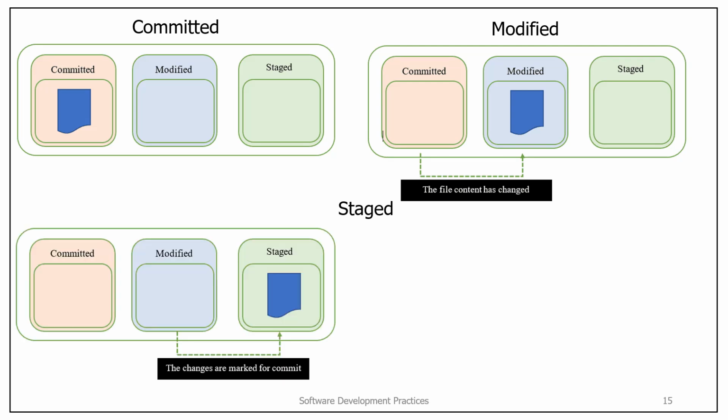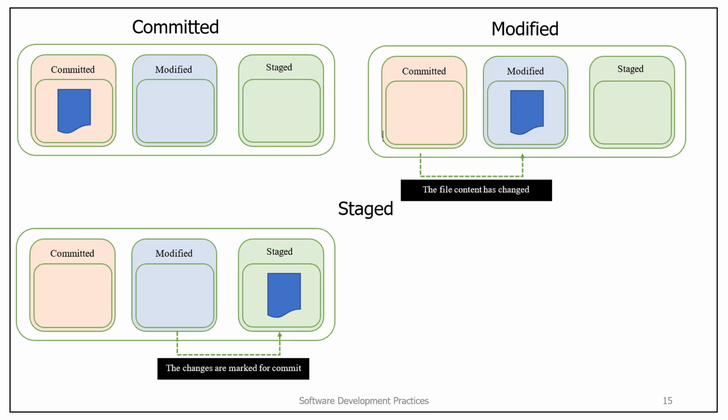Once you have made the modification and saved that particular file, it will move to the stage said to be staged. So you already have a file committed to Git, you make some changes to that file and save it.